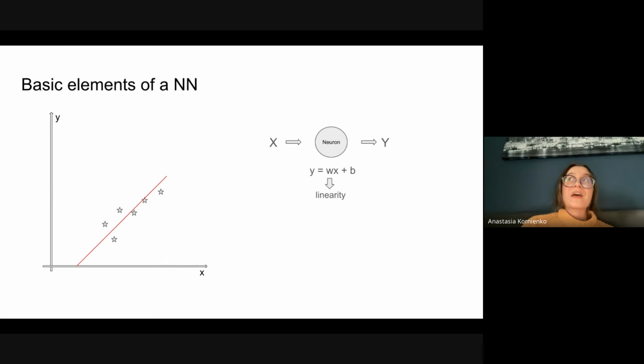But as you might know or have heard about neural networks, the idea of them is to work like the human brain, and the human brain is not really linear in processing data. Processes in real life are not linear.